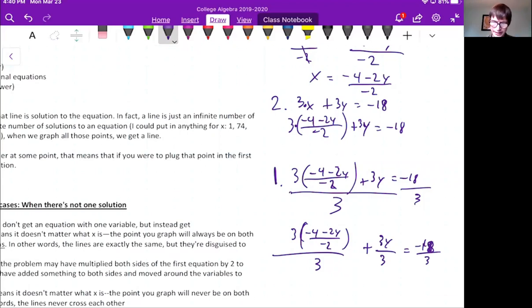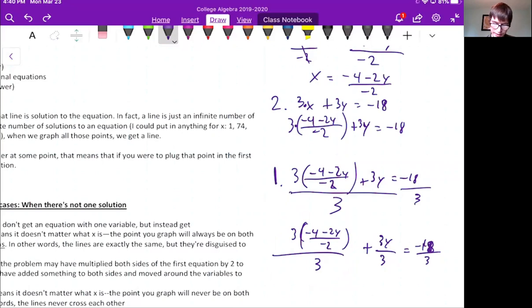Another way to think about it is that I want to divide both sides of the equation by 3. On this left side, I've got a giant fraction, and I can split up that fraction into two smaller fractions. One fraction is this 3 and all this business, and the other fraction is just 3y divided by 3. If I do that, that helps us significantly.